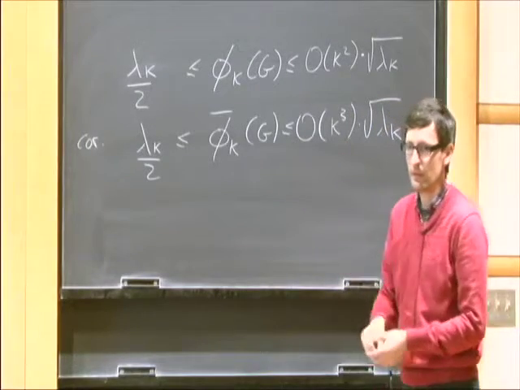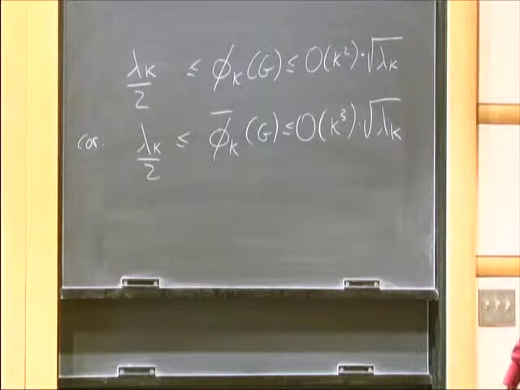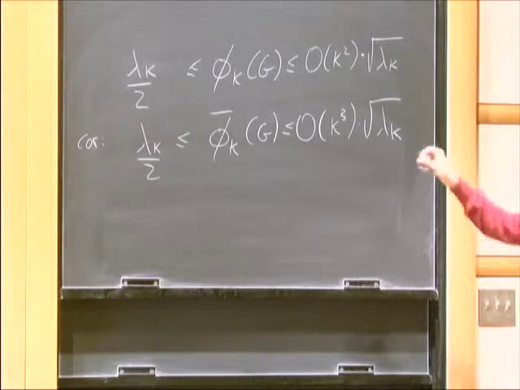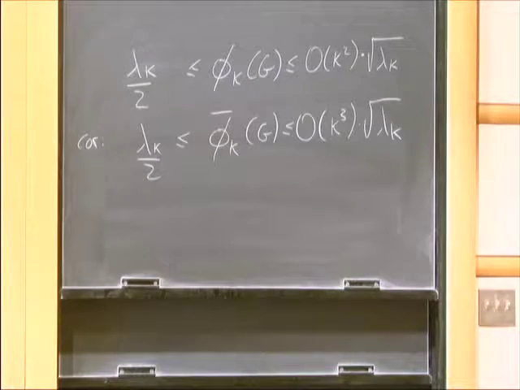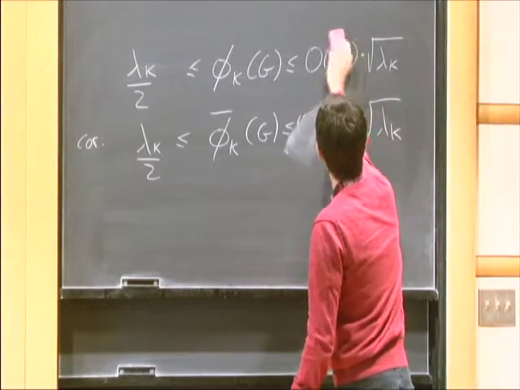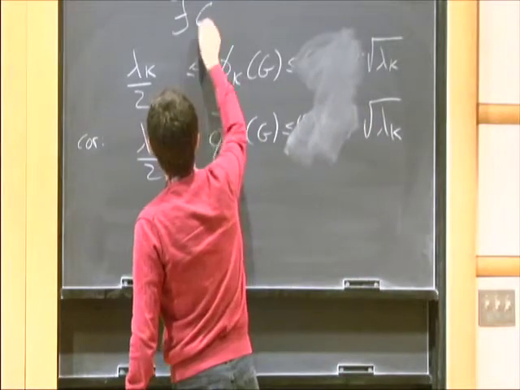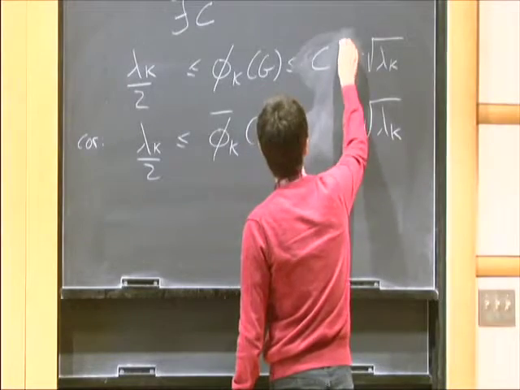And as before, it means that there is an absolute constant that multiplies k squared. I'm just saying that there exists an absolute constant such that we have this.